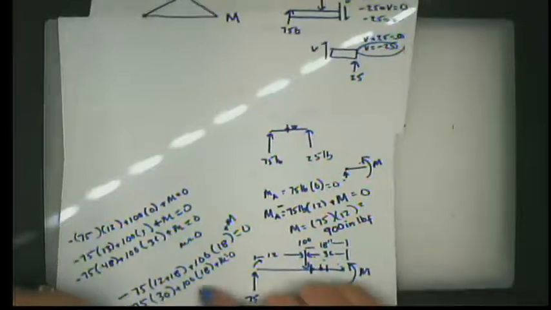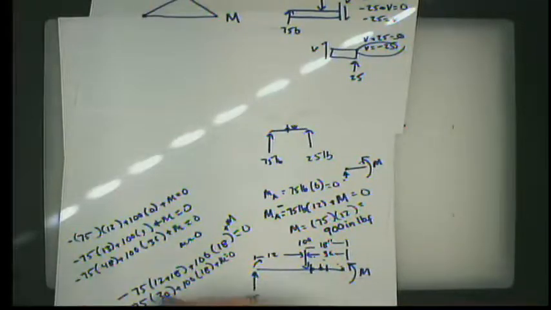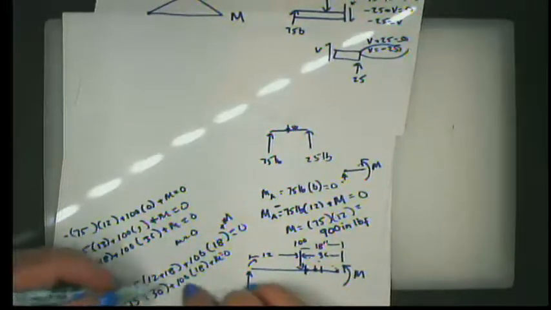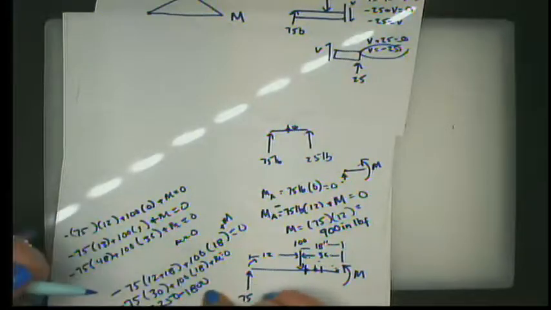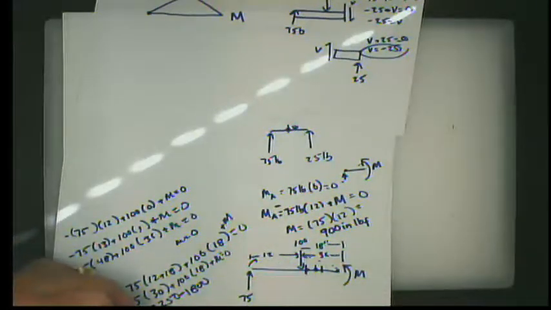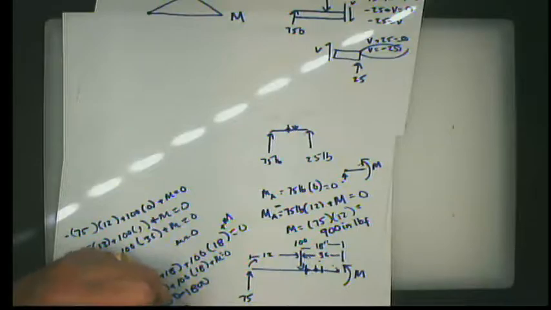So m, I'm going to bring everything over the other side. 75 times 30 is 750 times 3, which is 2250. This comes over 2250 minus 1800. Got my signs correct? So right in the middle, the value is 450.